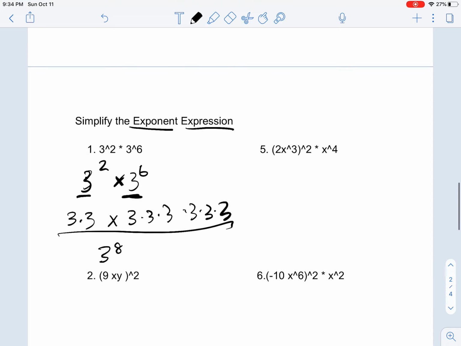Since there are 8 3s, 1, 2, 3, 4, 5, 6, 7, 8, you raise it by the 8th power of the base 3. And the answer to this exponent expression would be 3 to the 8th power.